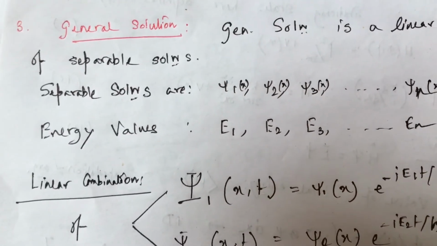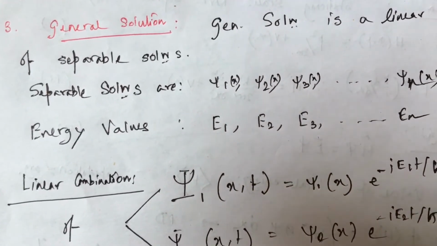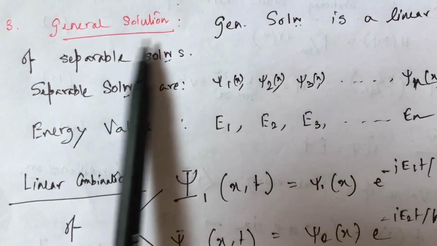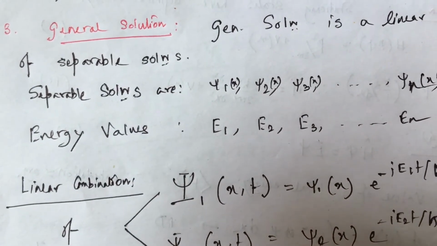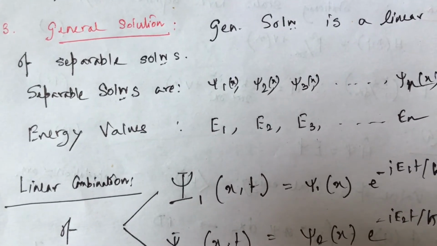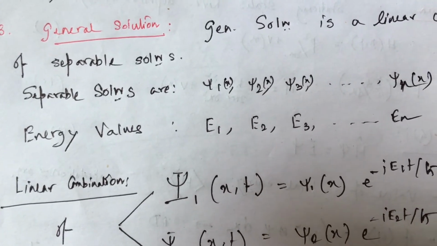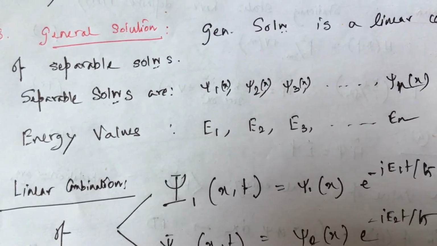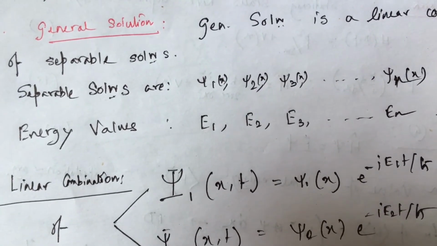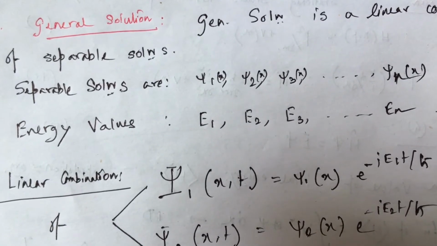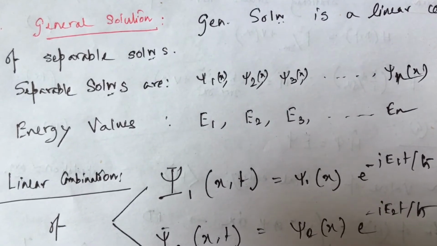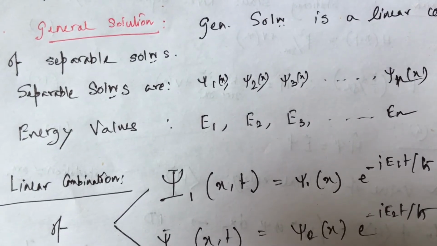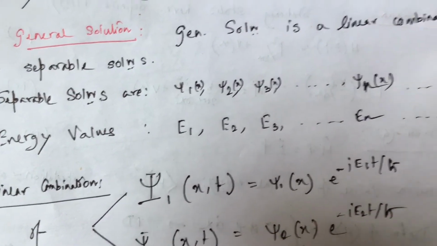Now let's come to the general solution. We know that the general solution is actually a linear superposition of different separable solutions. In my wave chapter on superposition, I have already shown that if I make a superposition of individual solutions, then I will get the general solution.